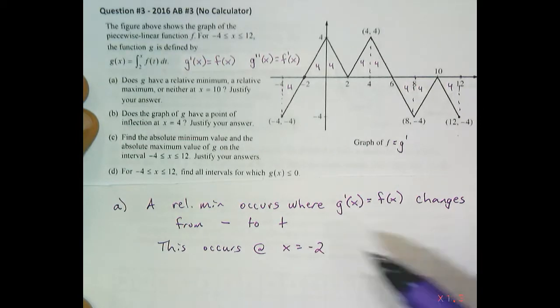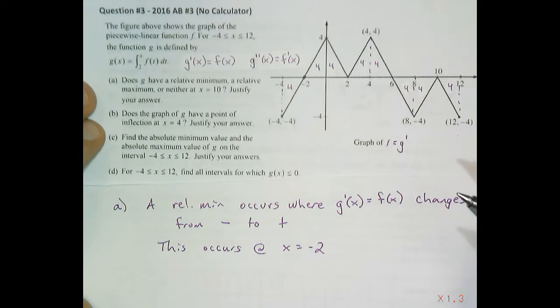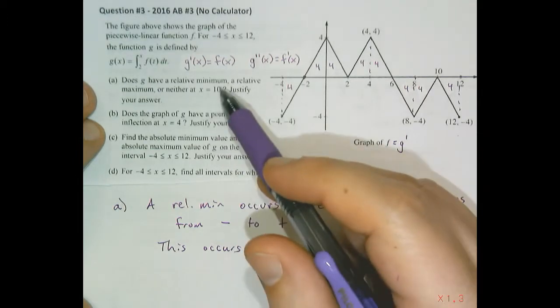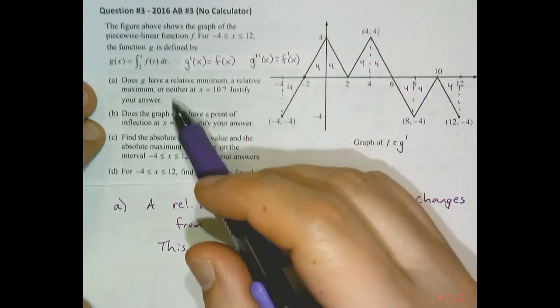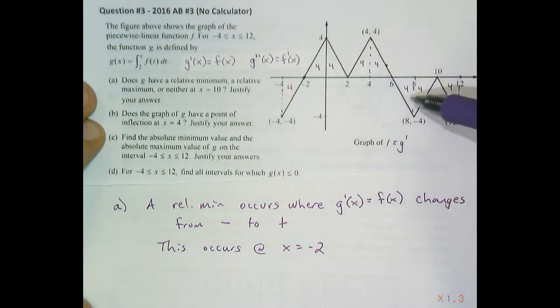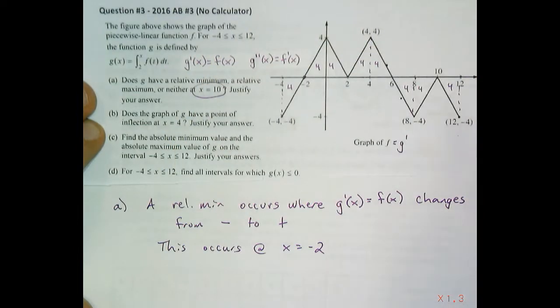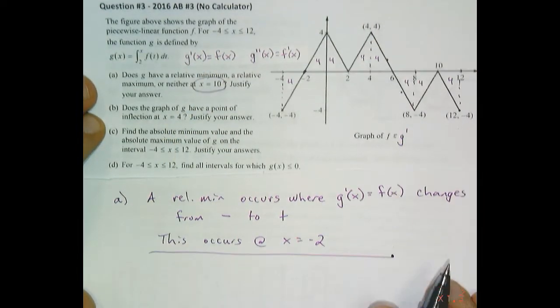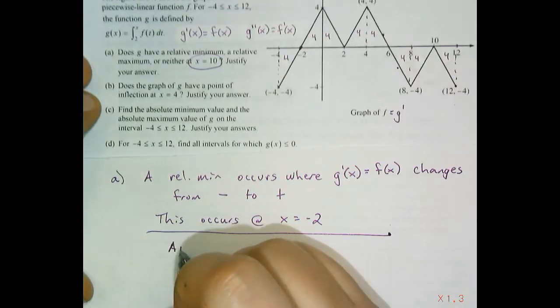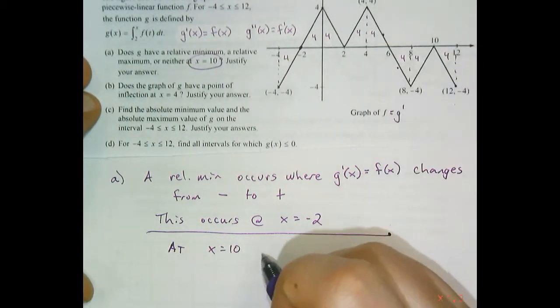A relative max, and again, I'm writing more than is required for the problem because they only care about x equals 10. A relative max would be where it goes from positive to negative. They want us to focus specifically on 10. So, to answer their question, at x equals 10, there was no sign change.